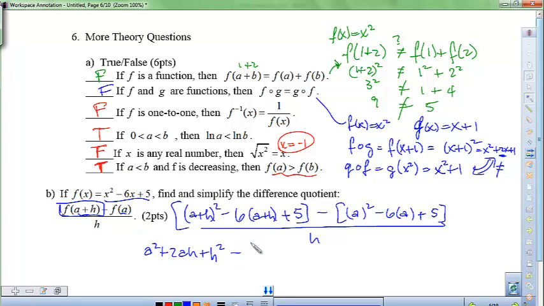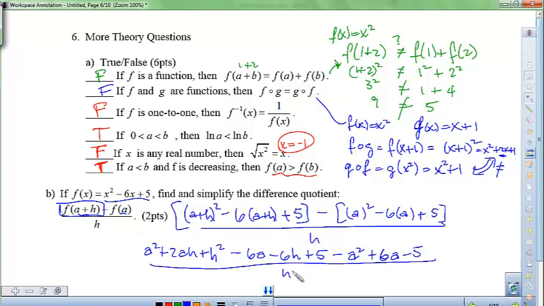Let's distribute the 6, minus 6a minus 6h. That's distributing a negative 6. We have a 5, and then we have a minus. This is just a squared. Minus and minus becomes a plus 6a, and a minus 5. Divide that whole thing by h.